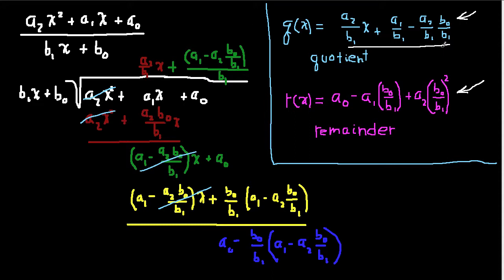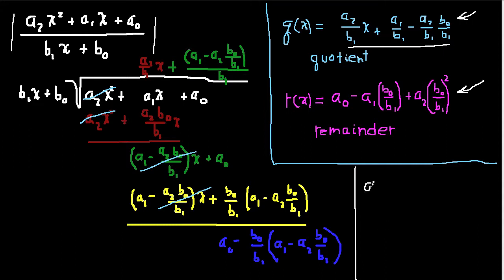But what I do want to do is to give you a problem to look at. And that problem is I want you to do a division like this, except what I want you to look at is a third order polynomial in the numerator.